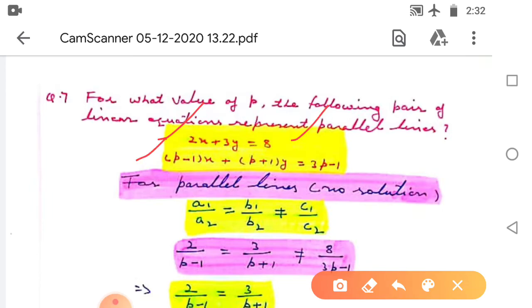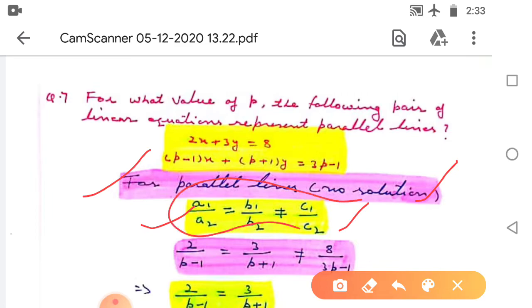The second equation is (p minus 1) into x plus (p plus 1) into y is equal to 3p minus 1. Clear? Now for parallel lines, it means no solution, the condition is a1 upon a2 is equal to b1 upon b2 is not equal to c1 upon c2. This is the condition for no solution, the condition for parallel lines, right?